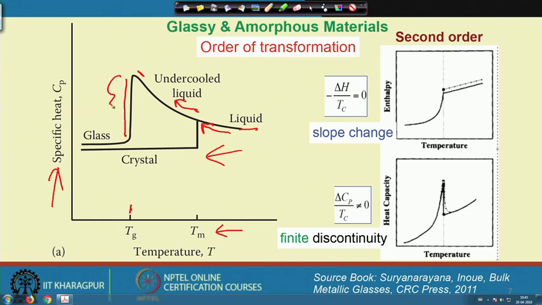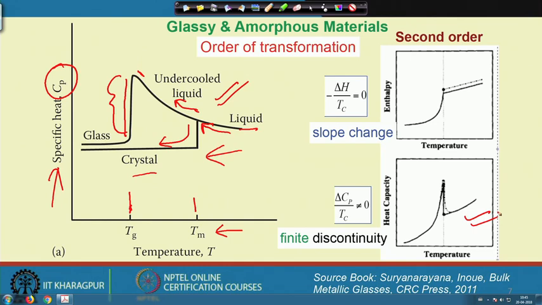So, here this is a finite discontinuity of the Cp, whereas in case of crystal formation the path is like that. Here this is the melting temperature and this is the glass transition temperature.